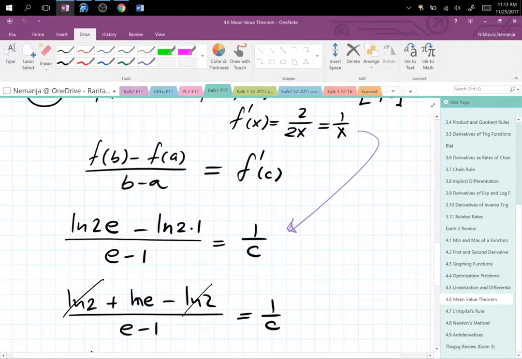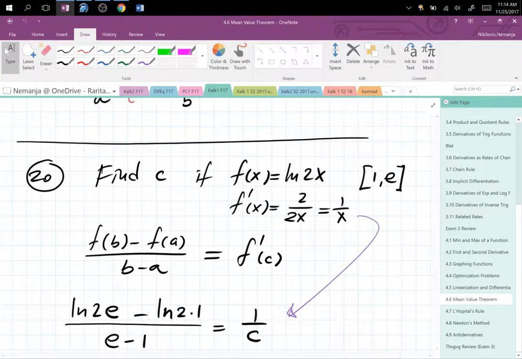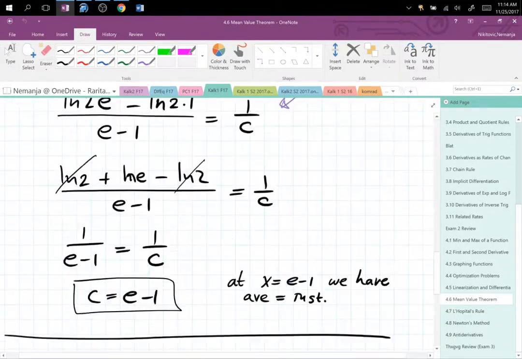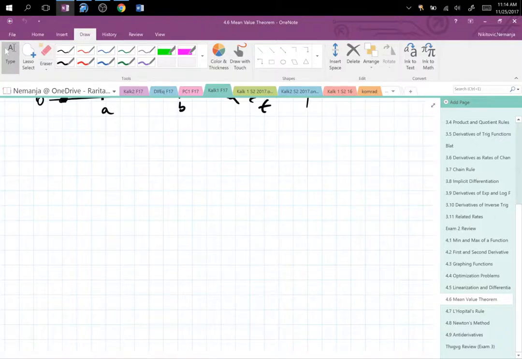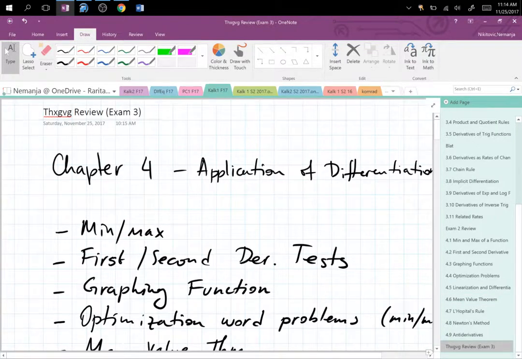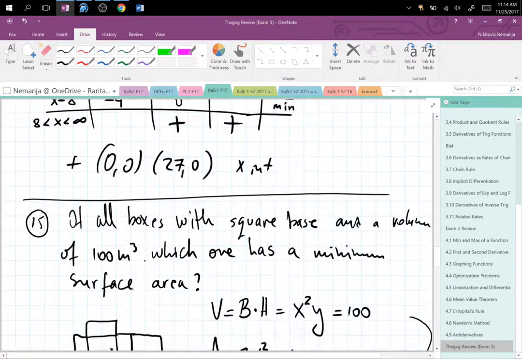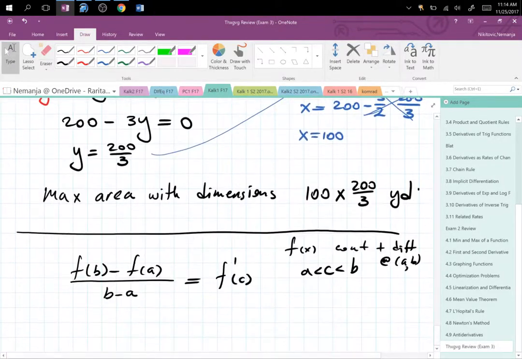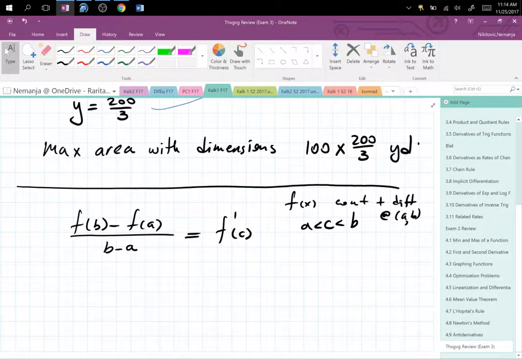We did ln 2x from 1 to e. Maybe I can find in a textbook a trig problem, because I know how much you adore trig. I don't want you going home disappointed. This is MVT, mean value theorem.